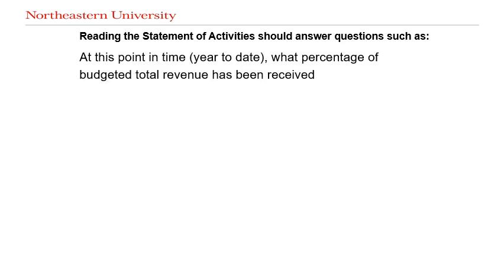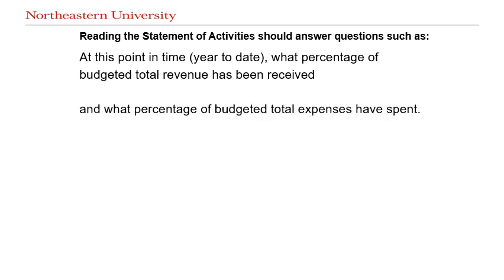Reading a statement of financial activities will help you answer questions such as, at this point in time, known as year-to-date, YTD, what percentage of the revenue that we had budgeted to receive has actually been received? And what percentage of the total expenses we had budgeted have at this point in time been incurred?